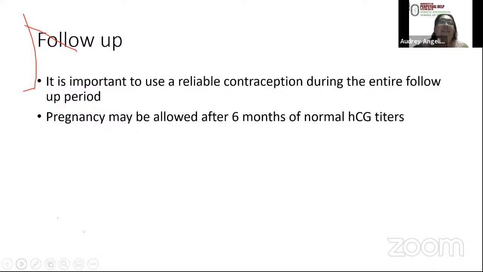Why would pregnancy be only allowed after 6 months? Why are you advised not to get pregnant right away? Anyone? Anyone care to answer my question?